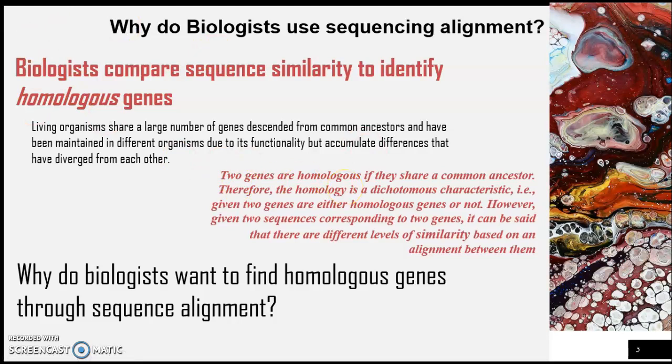Therefore, homology is a dichotomous characteristic. But if you're given 2 genes based on their sequence, there is more of a spectrum of how homologous they are. It breaks it down so we can look at those small differences that can create new species, new diseases, new genes that could help regulate things or take certain things out.